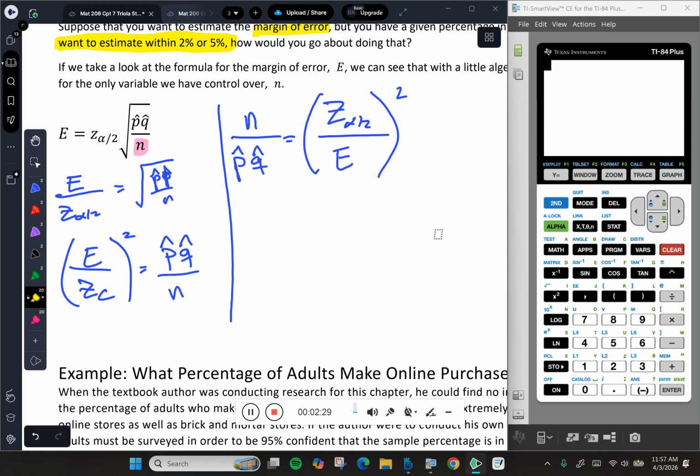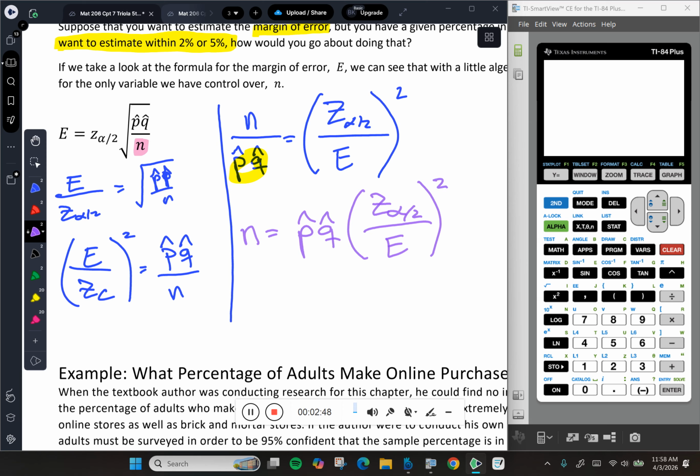And then I'll multiply both sides by that, which is going to give me a final statement of n equals p hat q hat times z sub alpha over 2 divided by E, squared. And now I've got a formula that if you can give me this information, I can tell you how big your sample needs to be to make that happen.